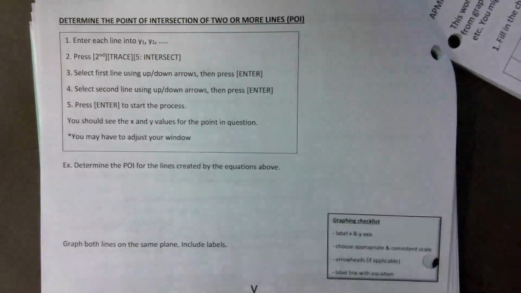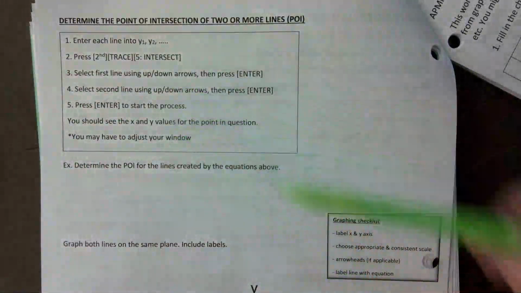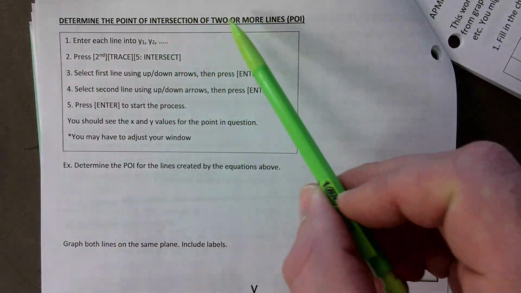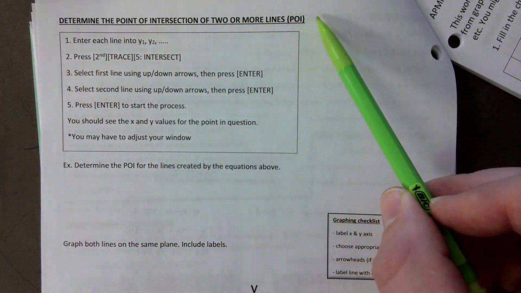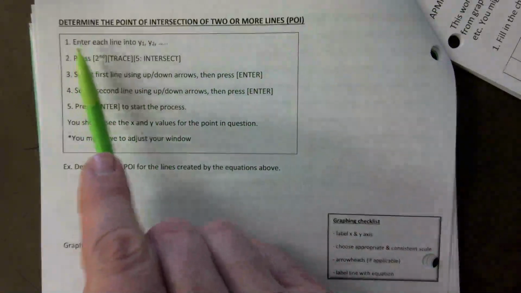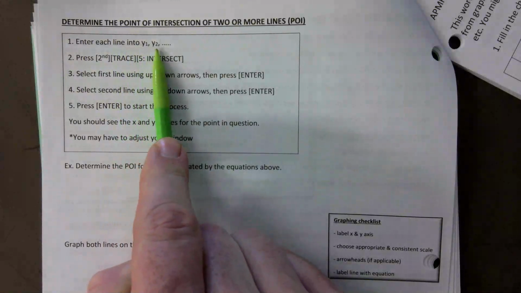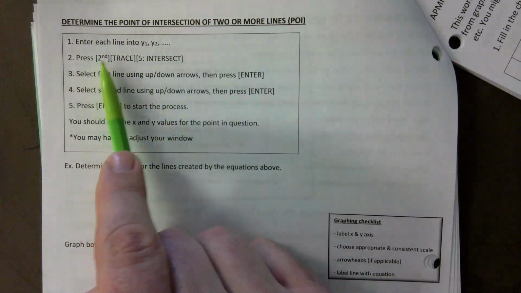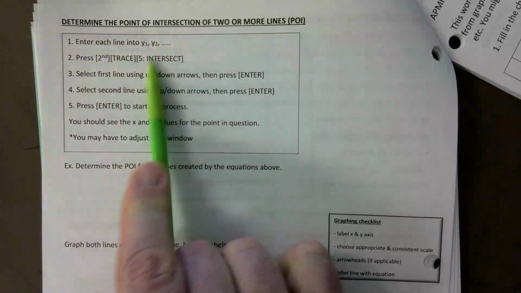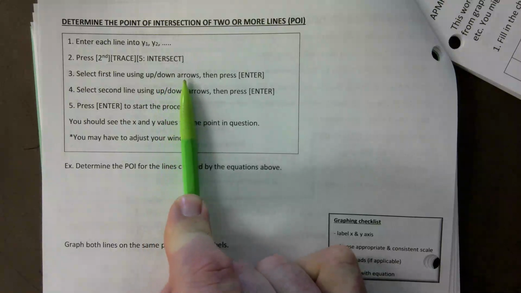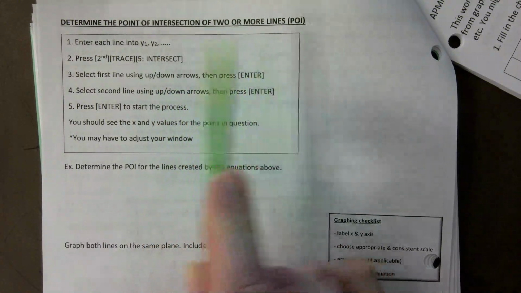I think this is a little overkill, the steps here on page 11. Determine the point of intersection of two or more lines. First step, enter each line into Y1, Y2, and so forth. Press second trace intersect. Select the first line by using up and down arrows, then press enter.